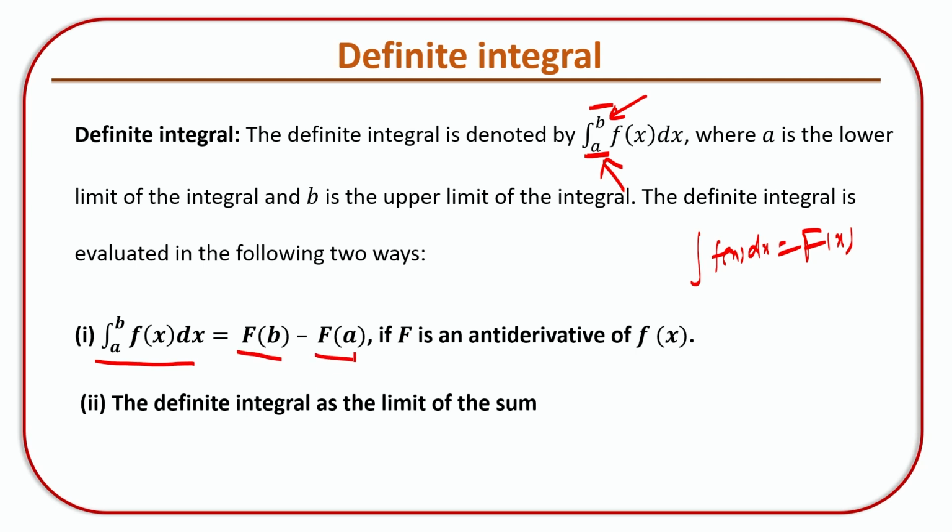That is the first way to evaluate definite integrals. And the second one is the definite integral as the limit of a sum. We will explore this limit of a sum in the next lecture. So, in this lecture we are going to concentrate on the definite integral only.